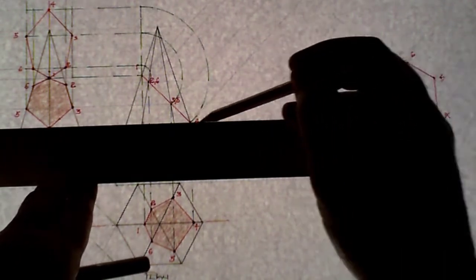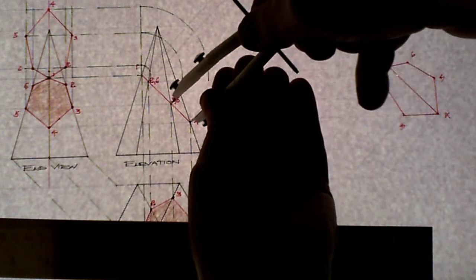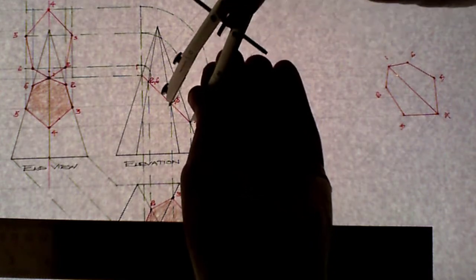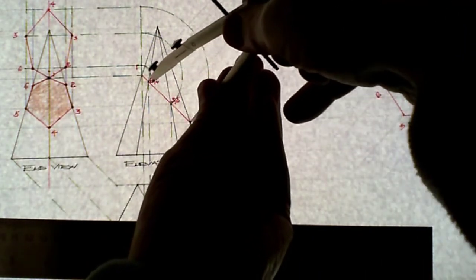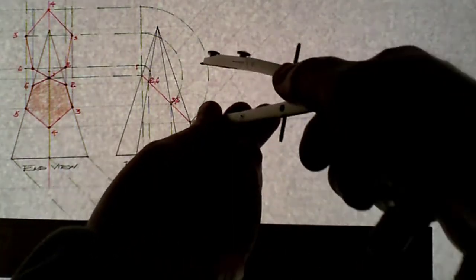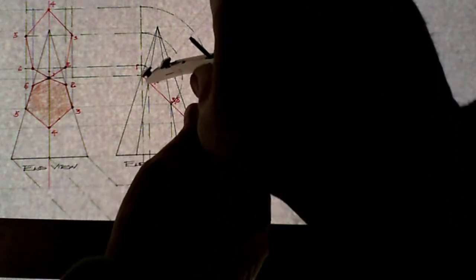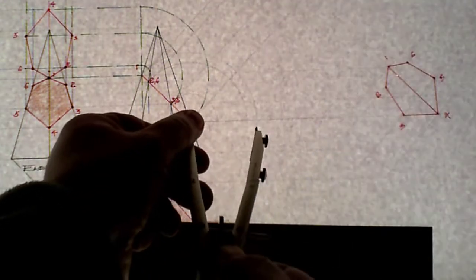So point 4 here, that is going to be the swivel point. And again, what I do is I use the compass and I simply get point 3 and 5 here, pull it around, point 2 and 6, pull that around, and point 1, and pull that around onto the horizontal.